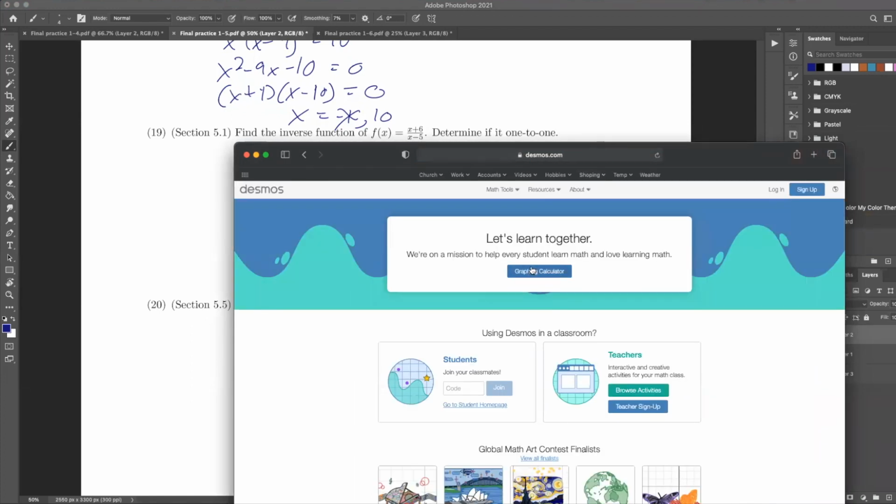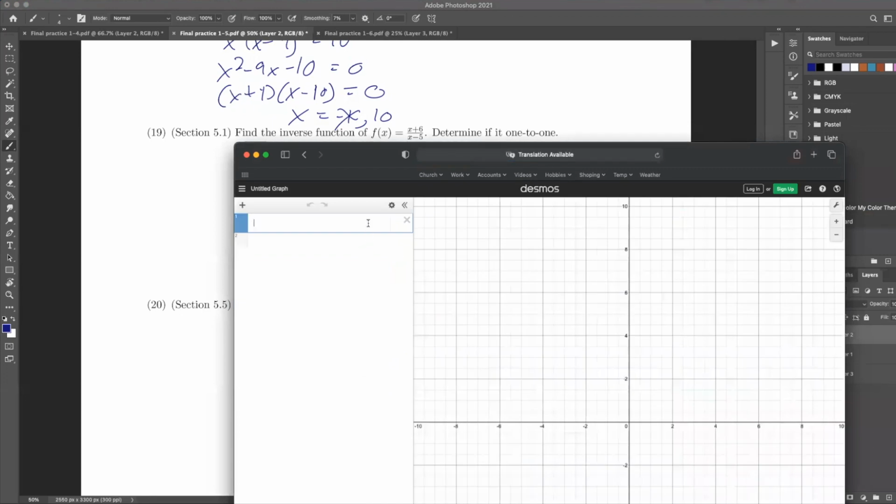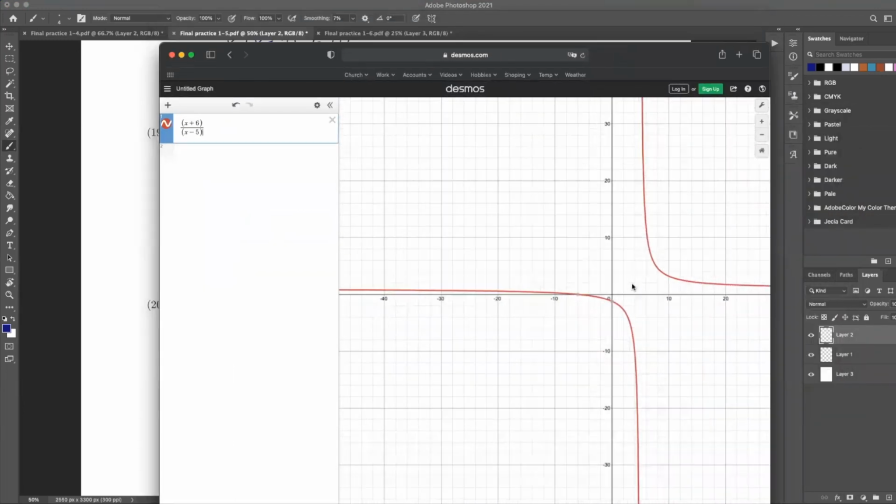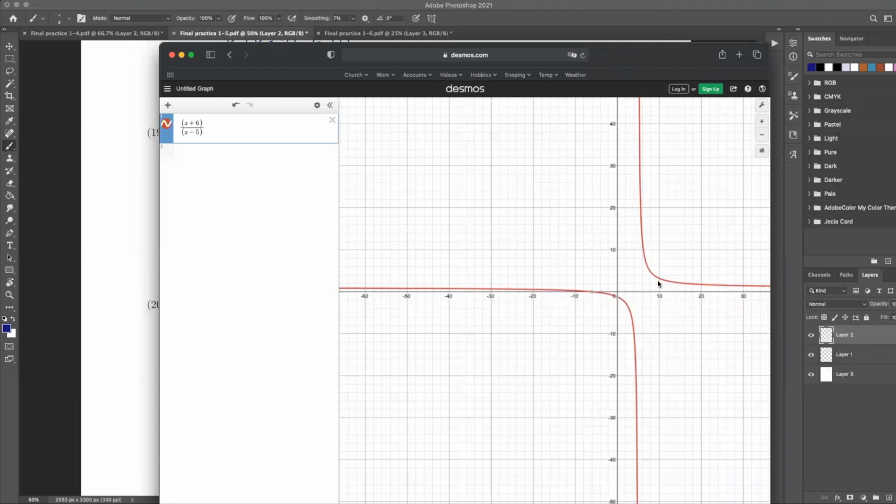And we just type in the quantity of x plus 6 divided by the quantity of x minus 5. And we just look at this real quick, and we notice that it passes the horizontal line test. And so if it passes the horizontal line test, it is 1 to 1. So this one's 1 to 1.